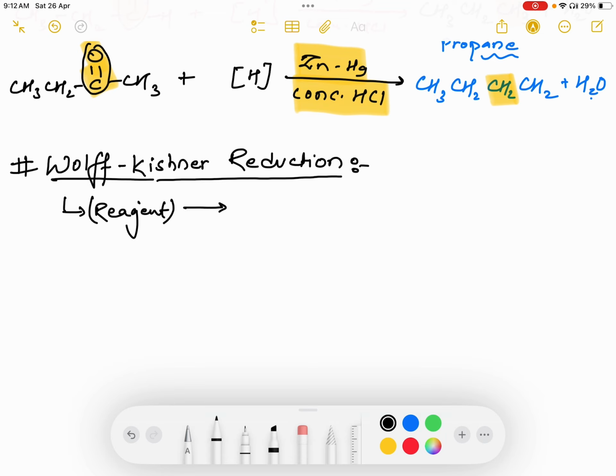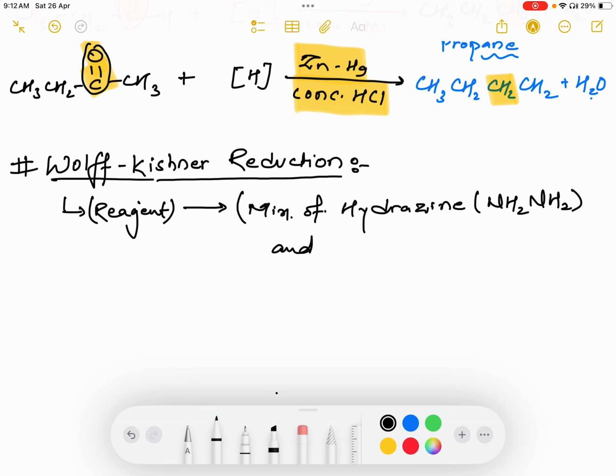It basically uses a mixture of hydrazine and a strong base, that is KOH.